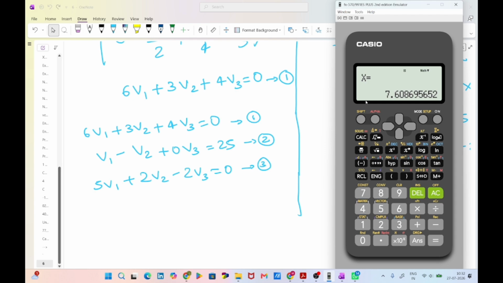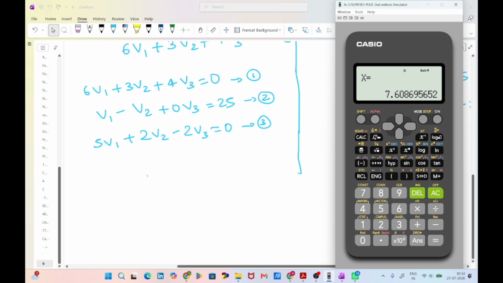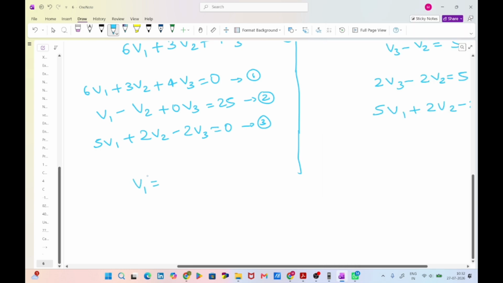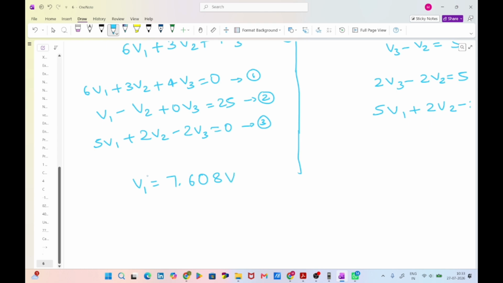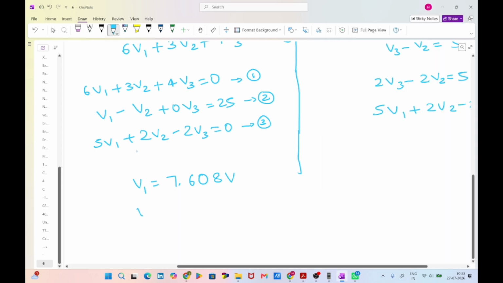V1 is equal to 7.608 volt. Then I will open the calculator again and click on equals. It will become minus 17.39, that means V2 is equal to minus 17.39 volt.